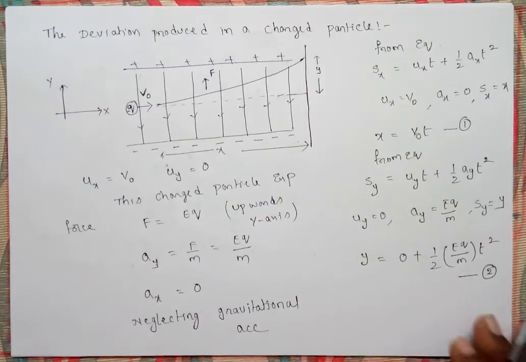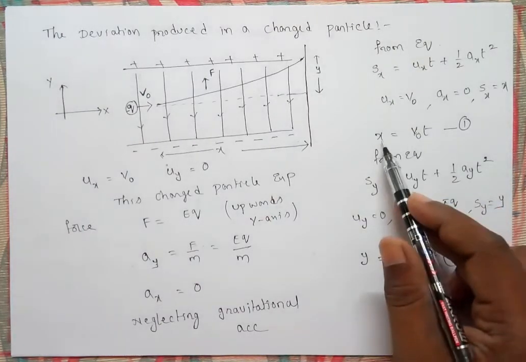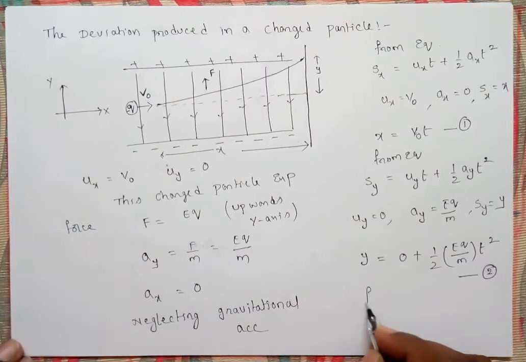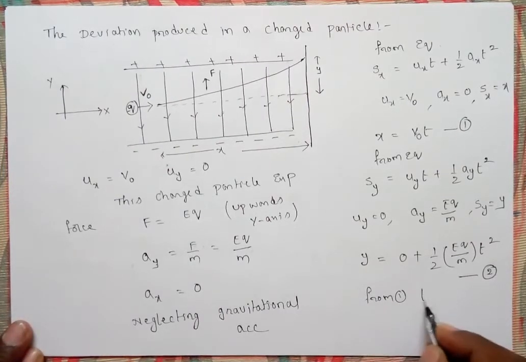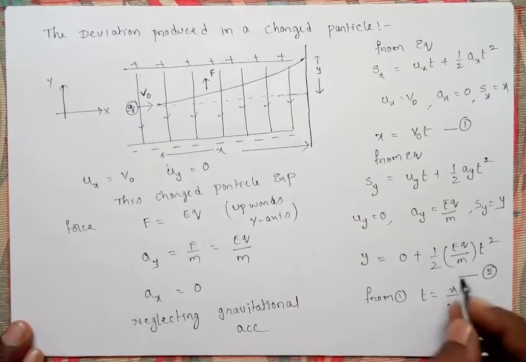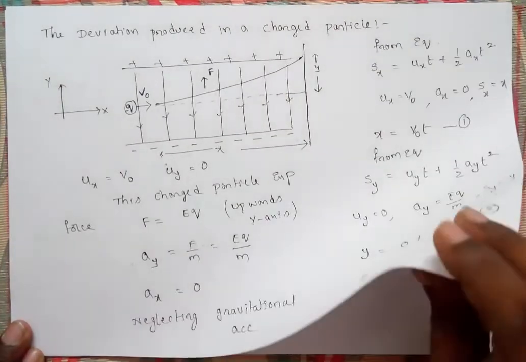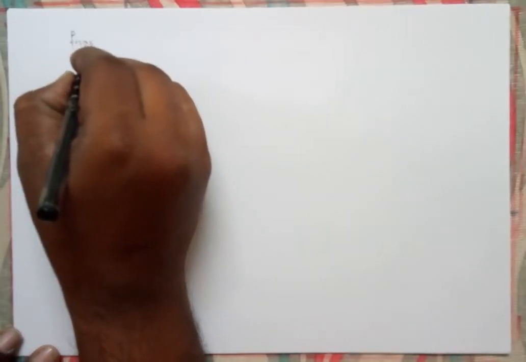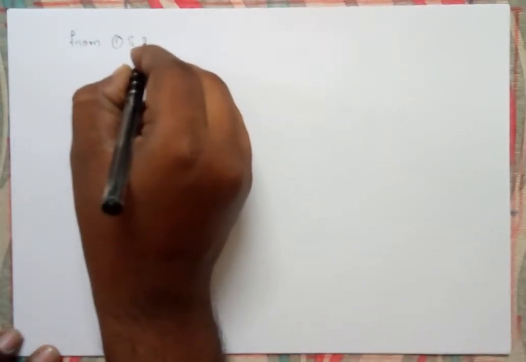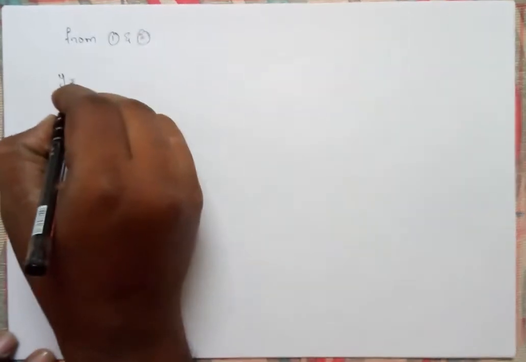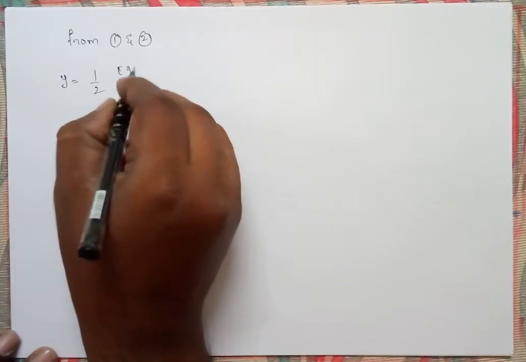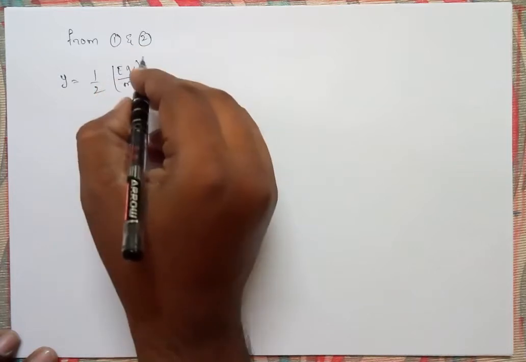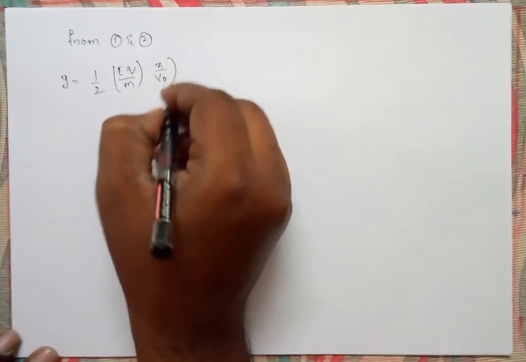How can we write it? From equation 1, t equals x by v0. If you substitute that here, from 1 and 2, y equals half Eq by m, in place of t we write x by v0 whole square.